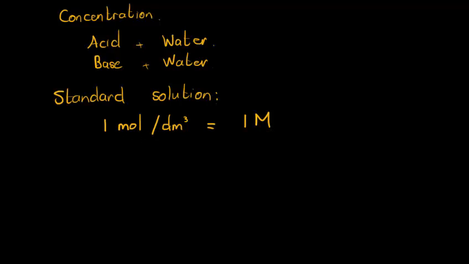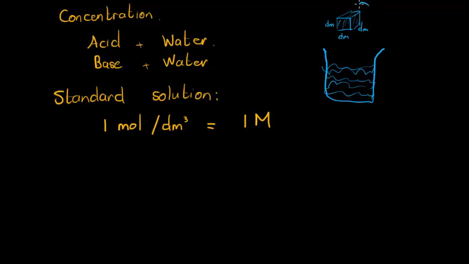Basically what that means is, if I look at my solution in a container and I take 1 cubic decimeter, a little box that is 10 centimeters by 10 centimeters by 10 centimeters, and I fill it with this solution to the brim, then in there would be 1 mole of the acid or the base.